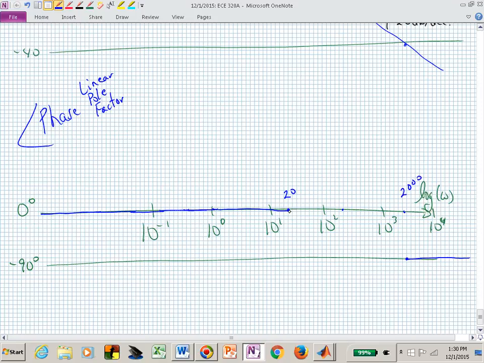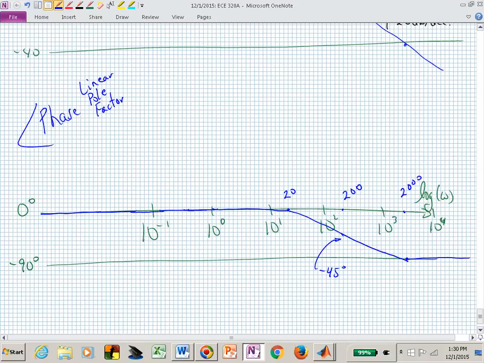And then right at the break, we are halfway between, and we should be right here at minus 45 degrees, since this was our break frequency of 200. Is it clear where that came from?